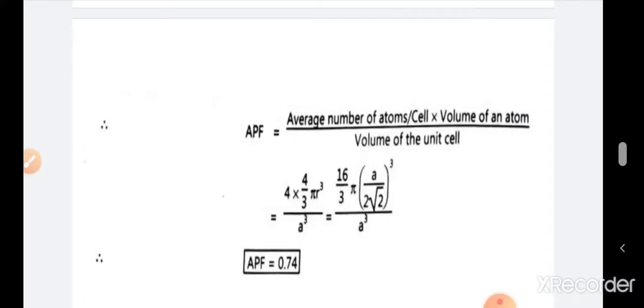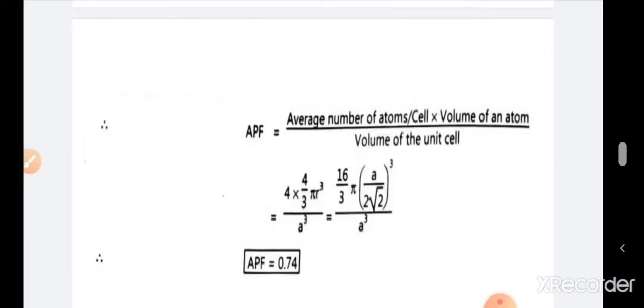So if you check from the simple cubic structure or body centered cubic structure, the volume of the sphere and the volume of the cube will never change. Only the relation between A and R will change, because of which we get a different atomic packing factor for each unit cell. Now in case of the face centered cubic structure, the number of atoms in the unit cell is 4.